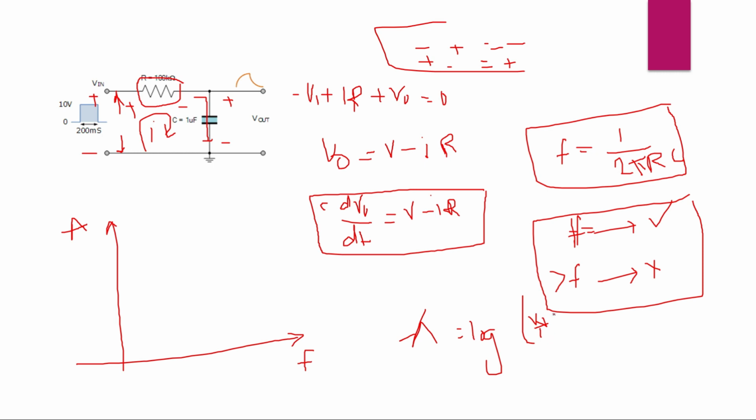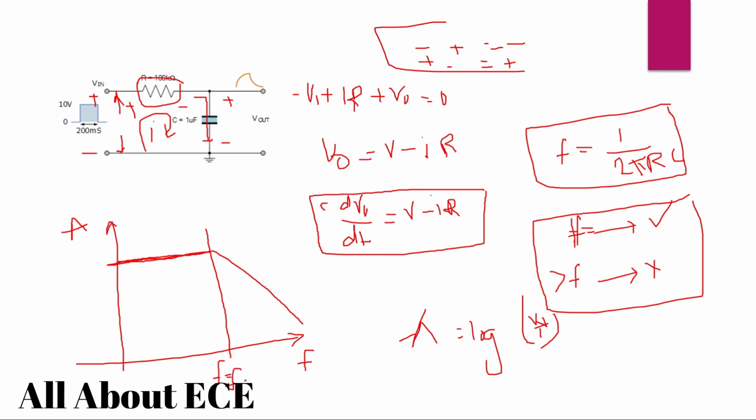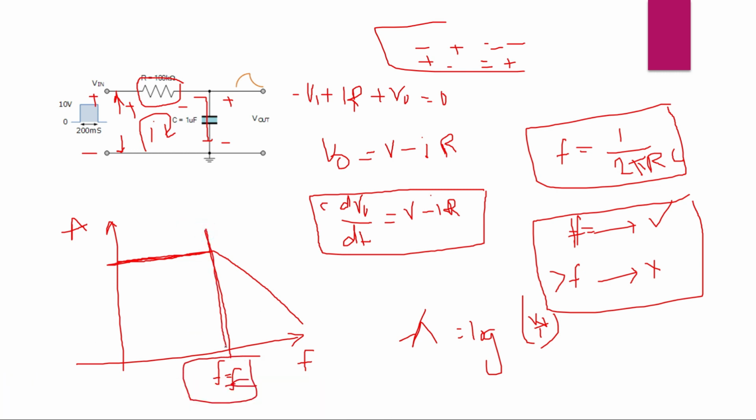If you plot the response, it first allows signals up to a certain cutoff frequency. After that, it should not allow the signals. This frequency F we call the cutoff frequency. By choosing specific values of R and C, we allow some frequencies up to this one, and after that it should not allow them.